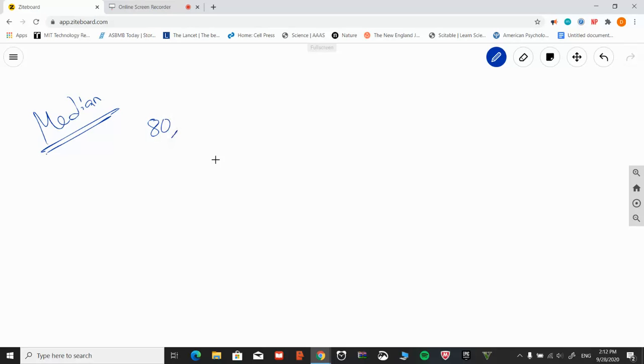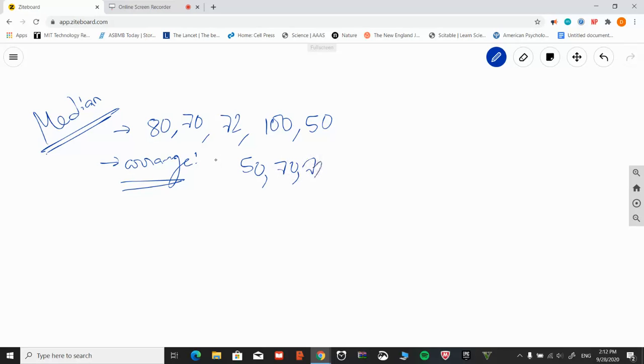Someone scored an 80, someone scored a 70, someone scored a 72, someone scored 100, someone scored a 50%. The first thing you want to do before calculating the median is arrange them. Arrange them in ascending order, smallest to biggest. 50, 70, 72, 80, 100.